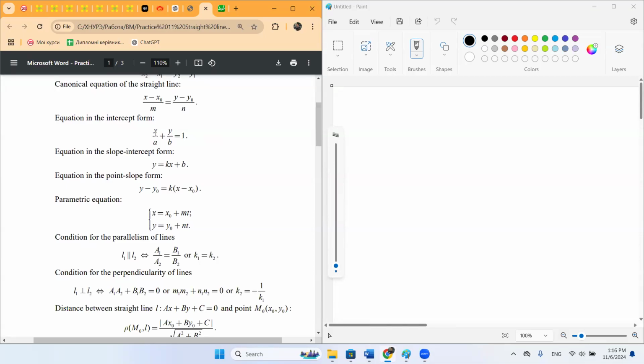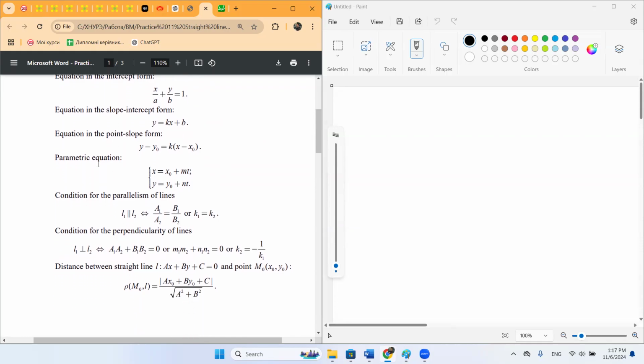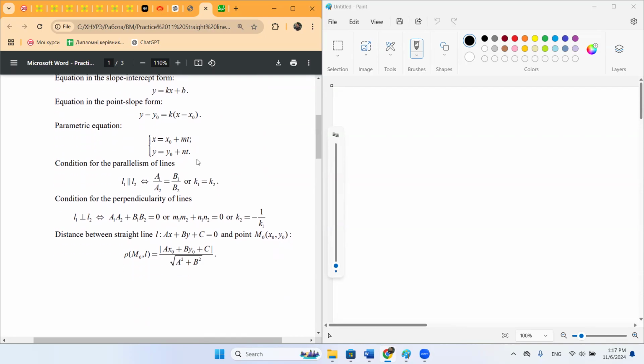But this intercept form is also convenient for such tasks. The point-slope form is like the previous, but we know the slope and a point that belongs to this line.